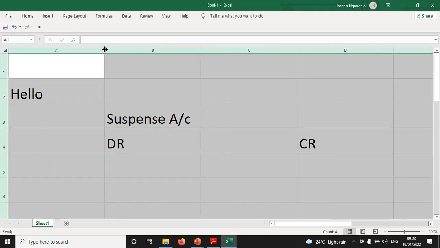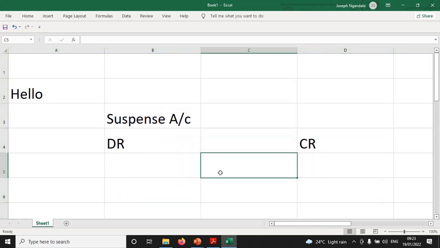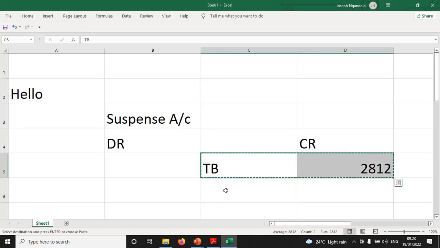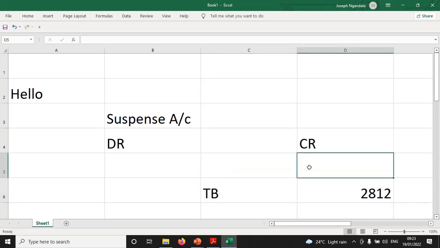My sales here are quite huge. So how much was in the trial balance? 28 what? Can you see that? And maybe I can drop it here because we need to put dollars. Is that correct?